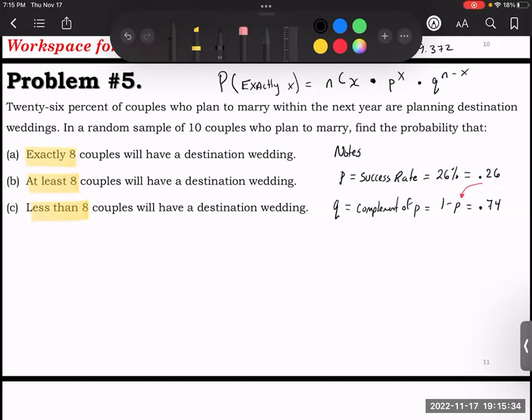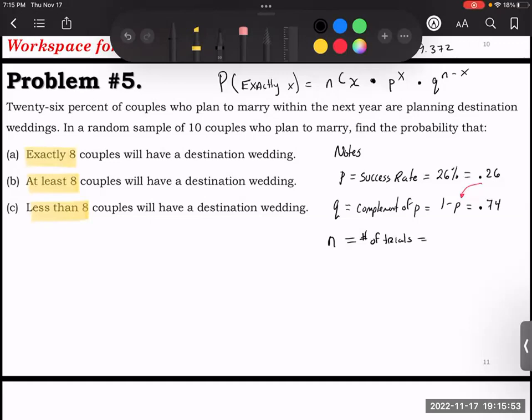All right. Before I talk about X, because X comes from parts A, B, and C, you need to know what the value of N is. So what is N? The number of trials, right? That's the way we defined it in class.